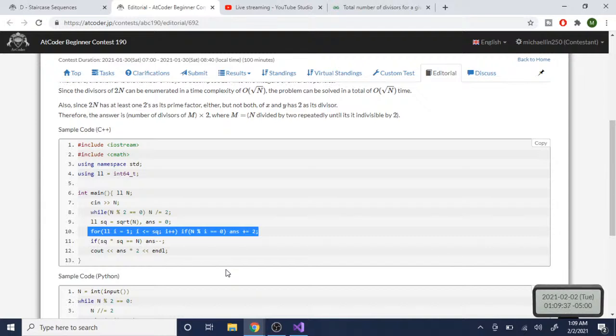This is going through the square root of it, right? We're going to go through every number. If it's divisible by it, we add by 2 for some reason. Why do we add by 2? I don't know. I don't understand. Why do we add by 2?